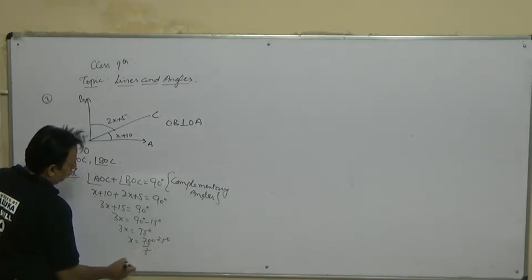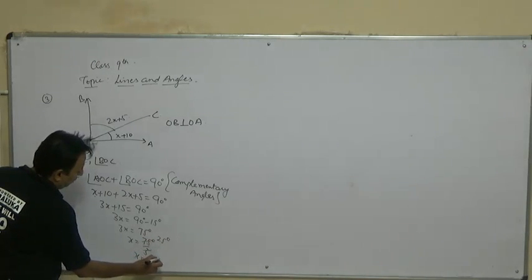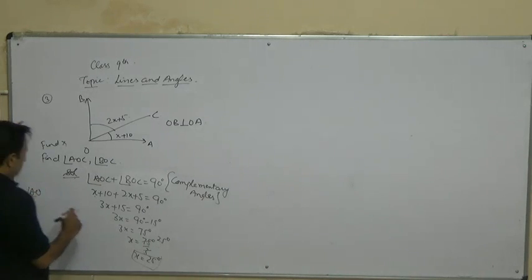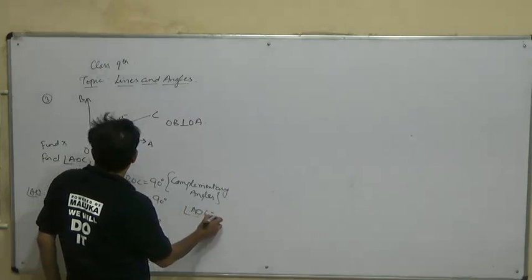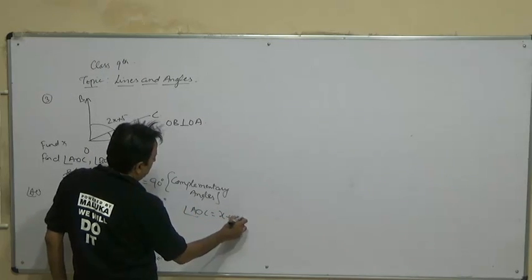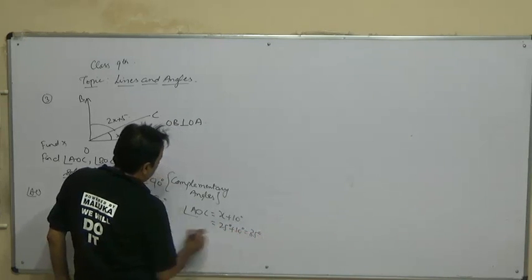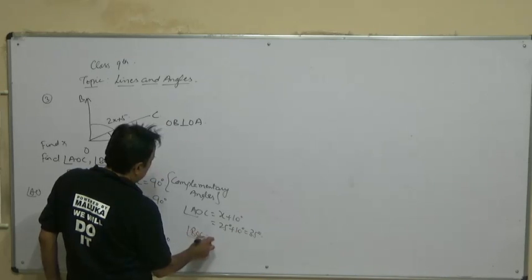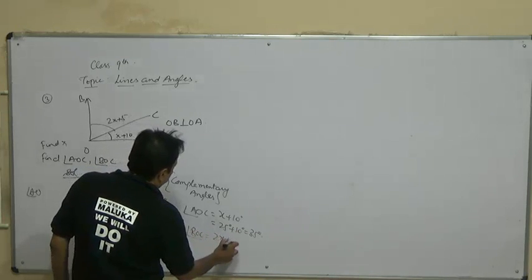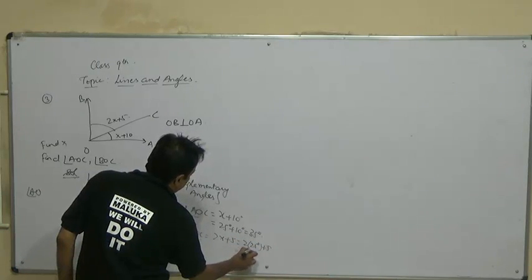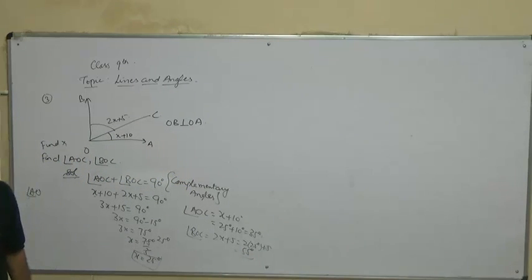Cancelling, it comes out to be 25. So x is equal to 25 degrees. What is AOC? AOC is equal to x plus 10, which is 25 degrees plus 10 degrees, that is 35 degrees. And BOC will be 2x plus 5, so 2 into 25 plus 5, which is 55 degrees. So these are the two values of AOC and BOC.